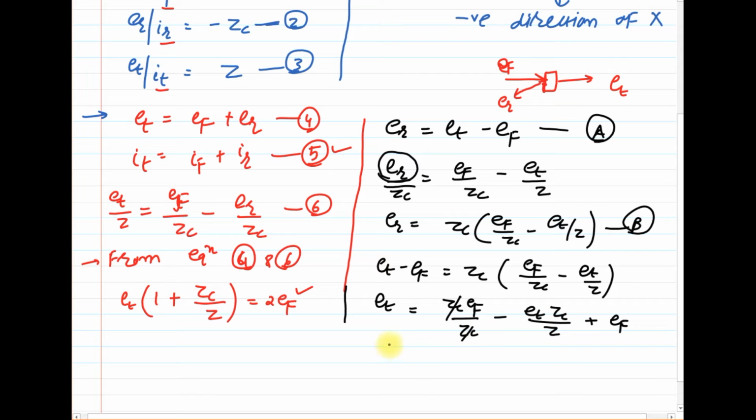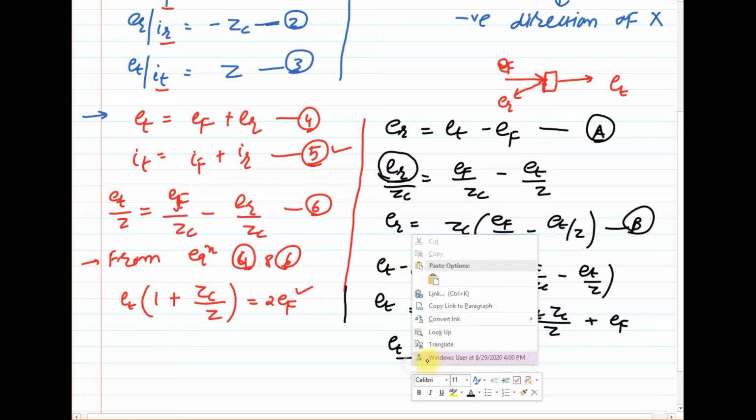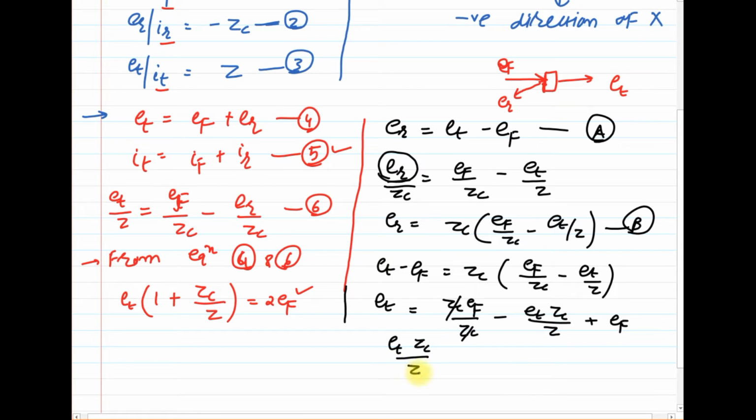Making ET the subject, we get ET plus ET ZC by Z is equal to 2 times EF. So this is what we have written over here.